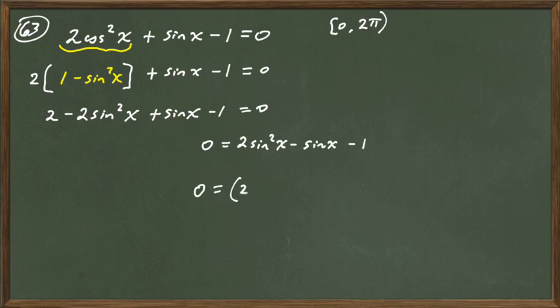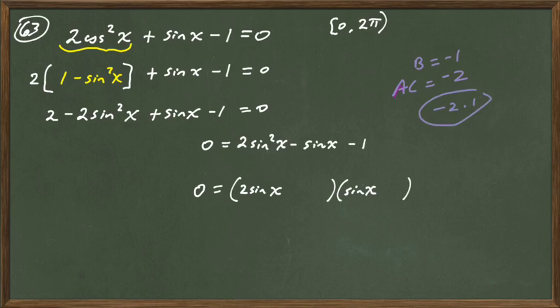To get 2 sine squared means 2 sine times sine. What is A times C on this? How about this color? What is A times C? Negative 2. What's B? Negative 1. Do these multiply to negative 2 and add to negative 1?